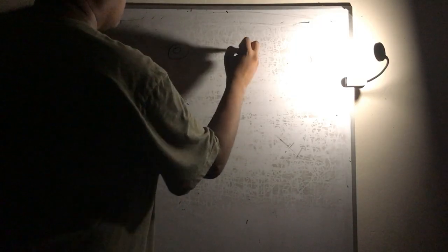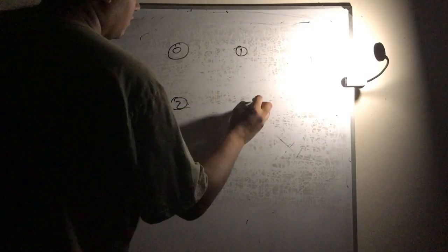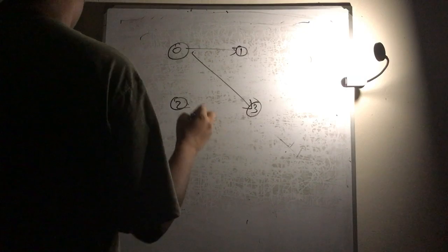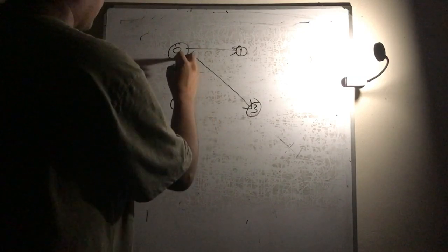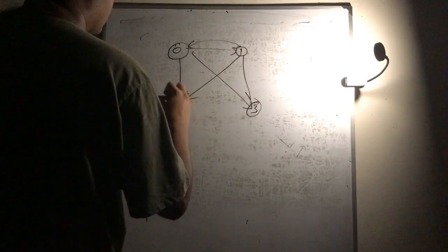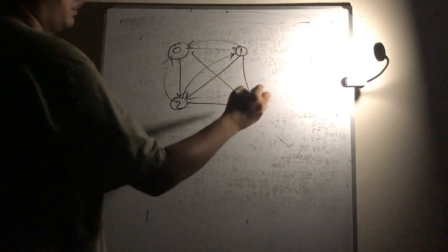So what is the output of this transitive closure? This is a graphical representation: 0, 1, 2, 3. We see that we can reach everyone from everyone, but 3 has no one.